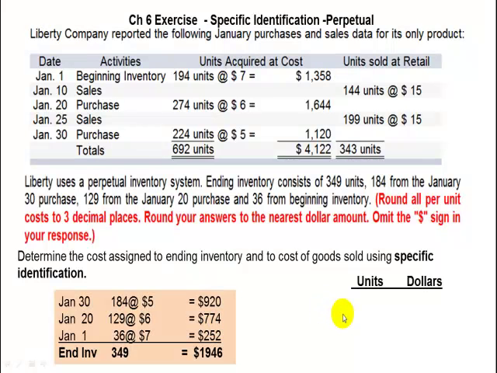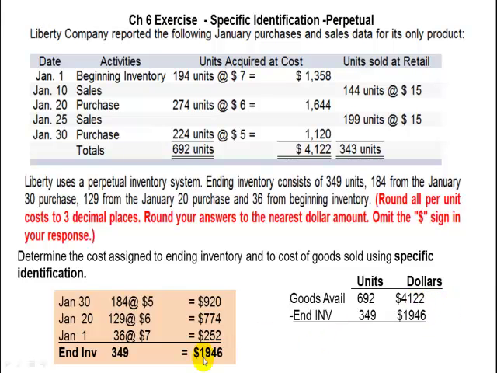Now you can do another calculation here and find out what your cost of goods sold is. The cost of goods sold is going to be, we start with the 692 units that we had available to sell, starting beginning inventory and so forth. That's the total dollar value of those units that we had available to sell, which was $4,122.